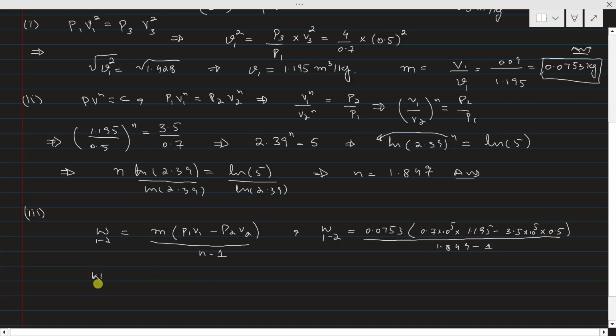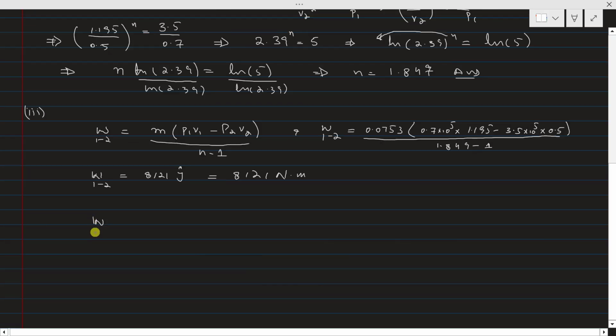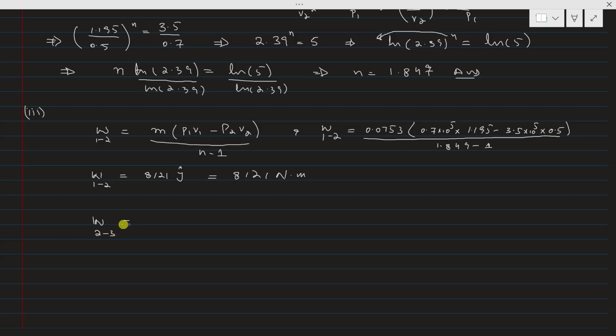The work done on the system from 1 to 2 is 8121 joule or 8121 Newton meter. Now work done from process 2 to 3 is equal to pressure times change in volume. The volume is constant, so there is no change in volume. So from process 2 to 3 the work done is 0.